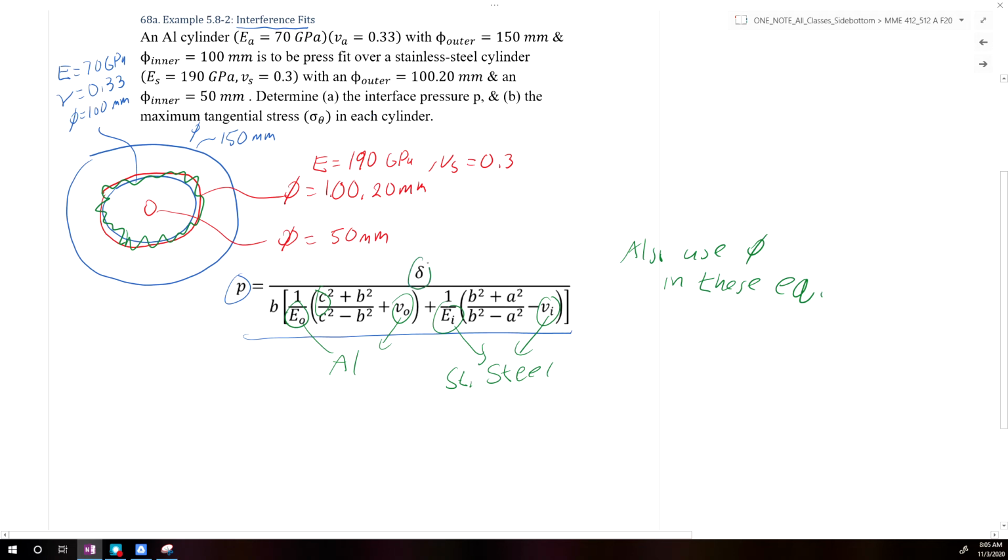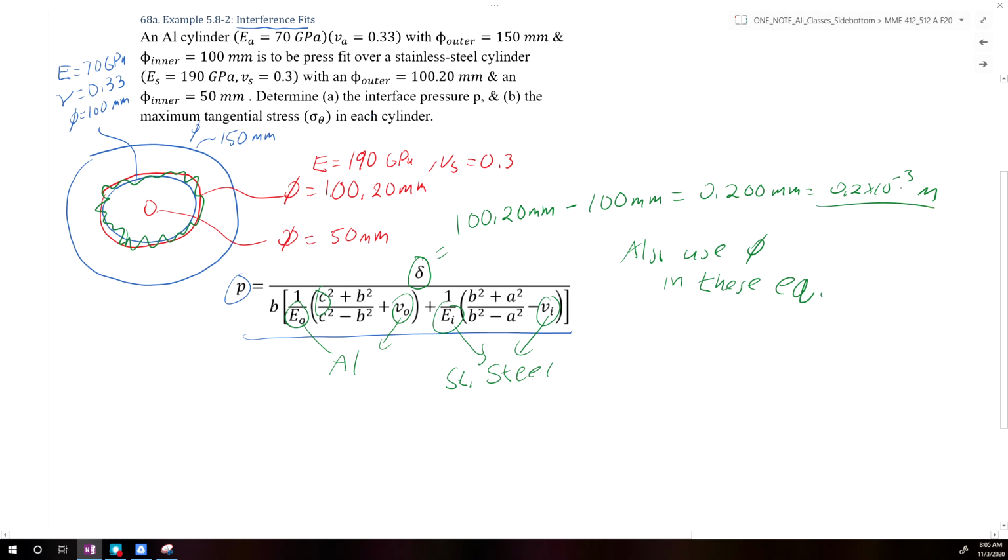The only thing that we don't know in this equation is delta. Delta, if you remember, is equal to the diameter of the inner cylinder, 100.20 millimeters, minus the inner diameter of the outer element, which was 100 millimeters. What we end up getting is 0.200 millimeters, which is 0.2 times 10 to the minus third meters.